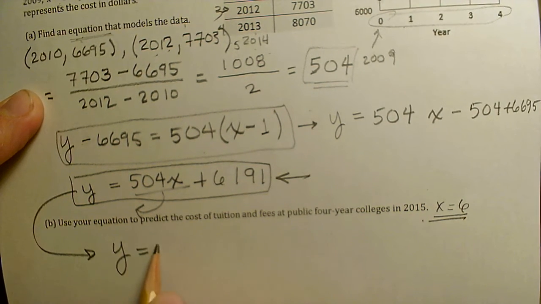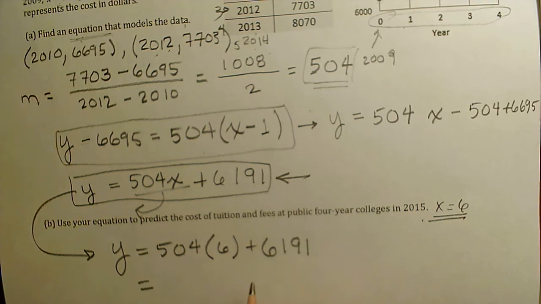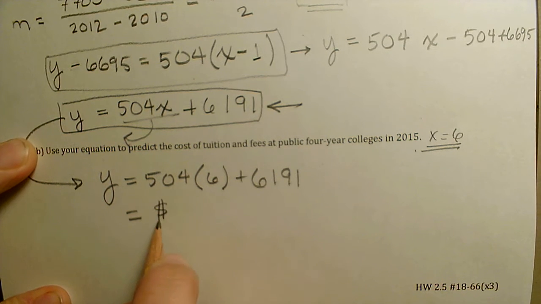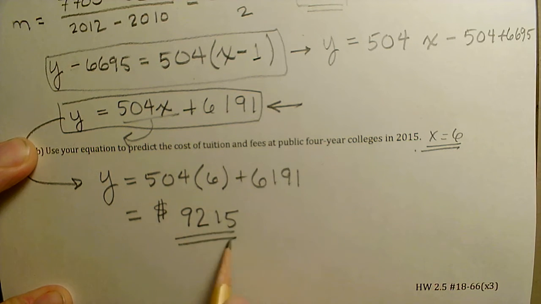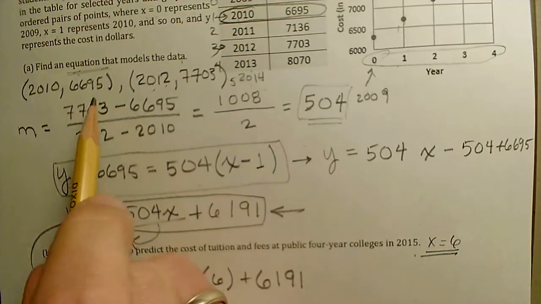Y is equal to 504 times 6 plus 6,191. That's just pure calculator work. I ended up with $9,215 as my estimate. Of course, that estimate's going to be different if you use different points.